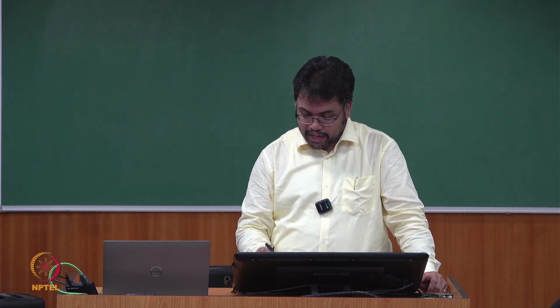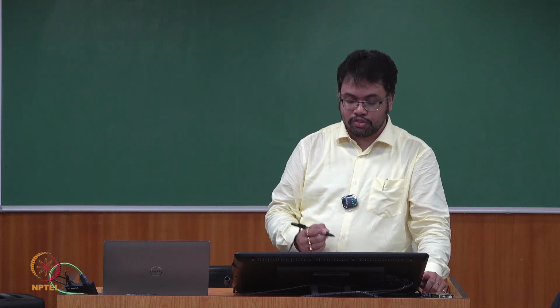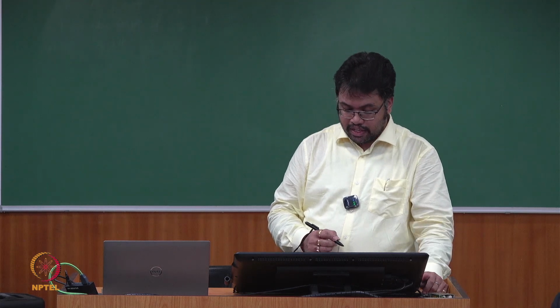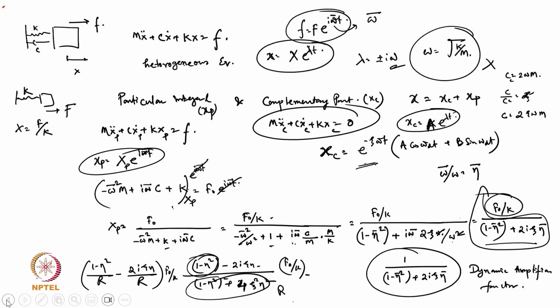Okay, so we came up to this stage, but we have not seen what this actually looks like. Now let's come into the details. We find that xp is this much, which is the dynamic amplification factor, and x is this with the F0. Perfect. Maybe I'll write it down: x equals xc plus xp.